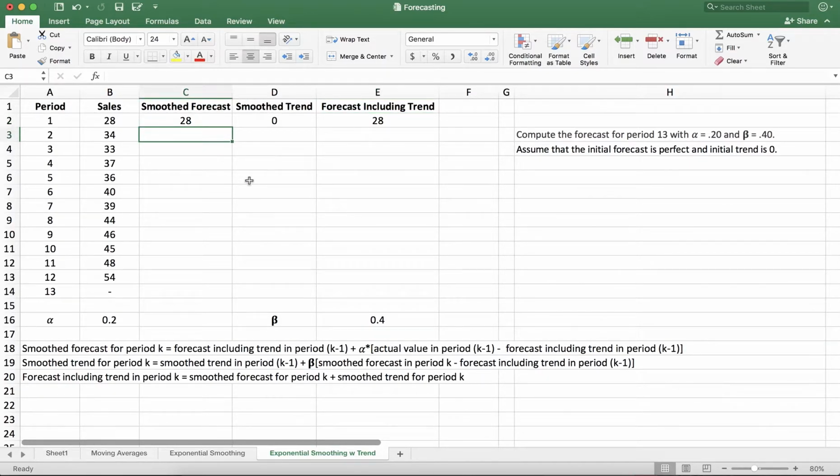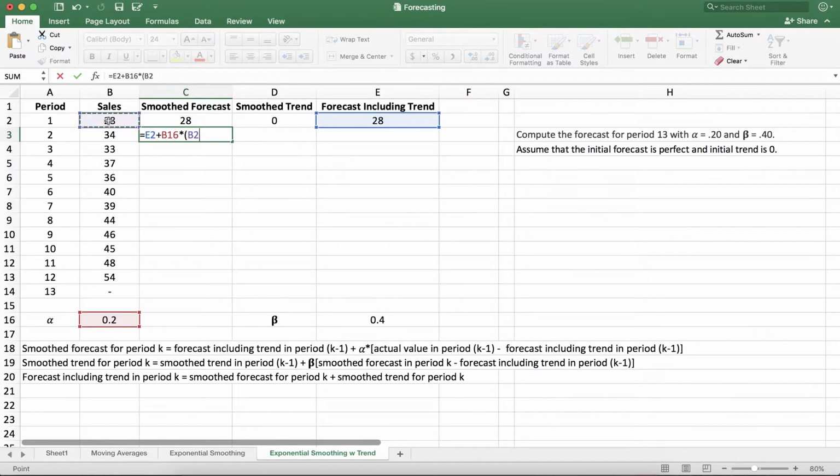So let's get into the second one, where we will use these first two formulas. We are going to calculate the smoothed forecast for period 2. That is equal to the forecast including trend in period 1, the last period, plus alpha, which is 0.2, so I'll pull it from my B16 cell, times the difference between the actual value in the last period, which is 28, and the forecast including trend in period K-1, which is period 1.